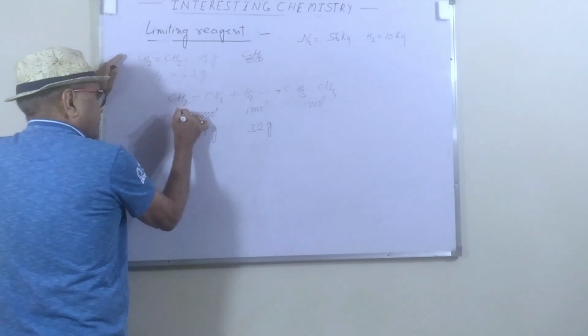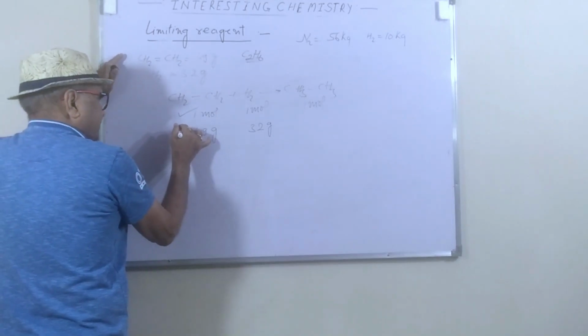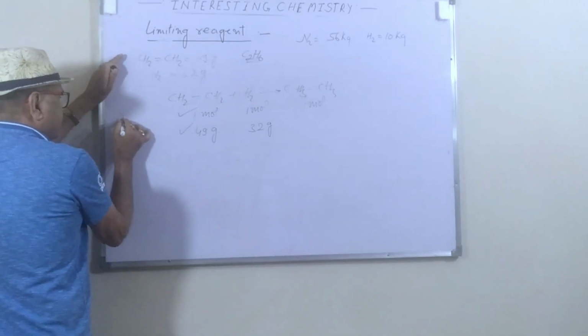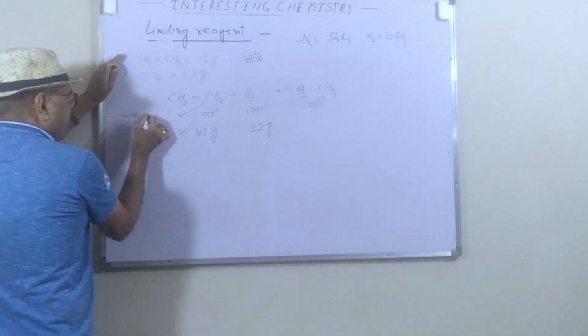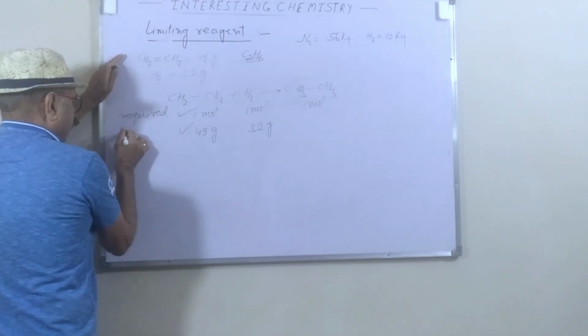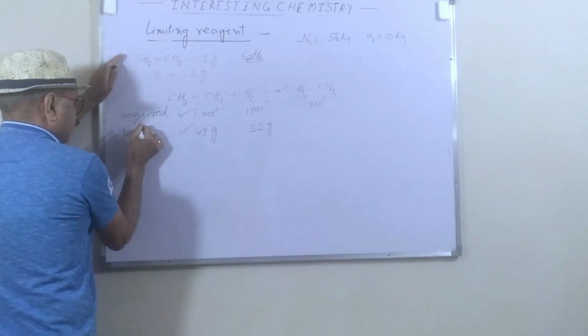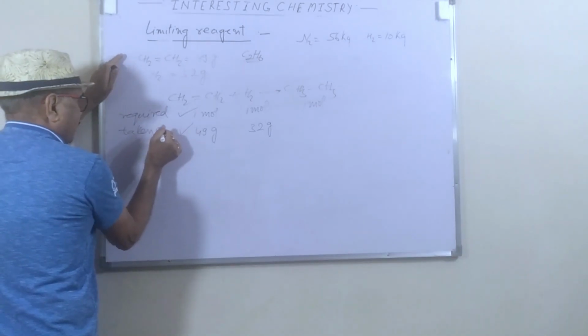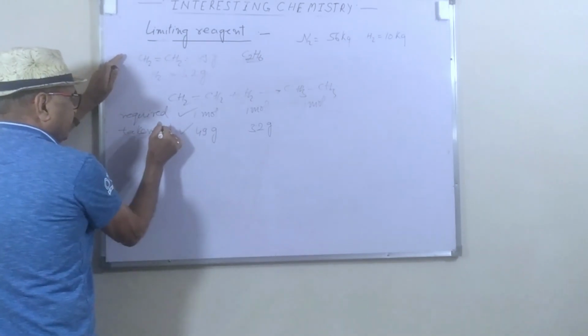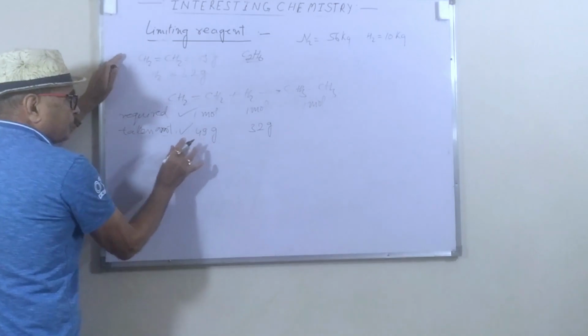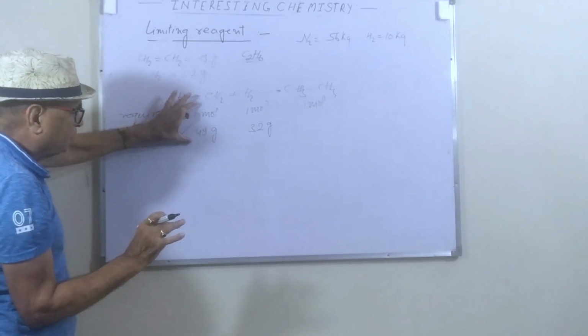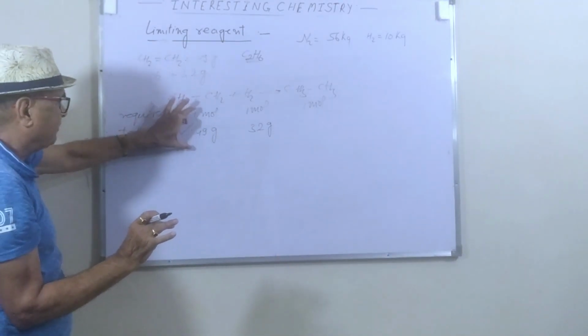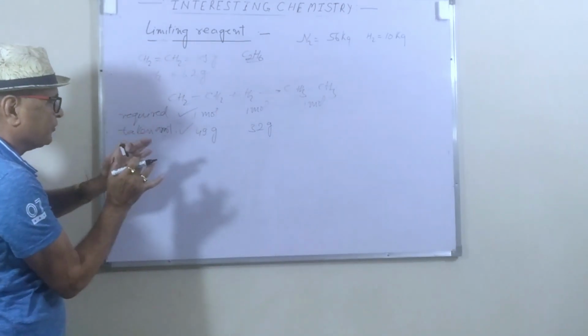This is the required amount, and this is the taken amount. Both the amounts should be related with each other.